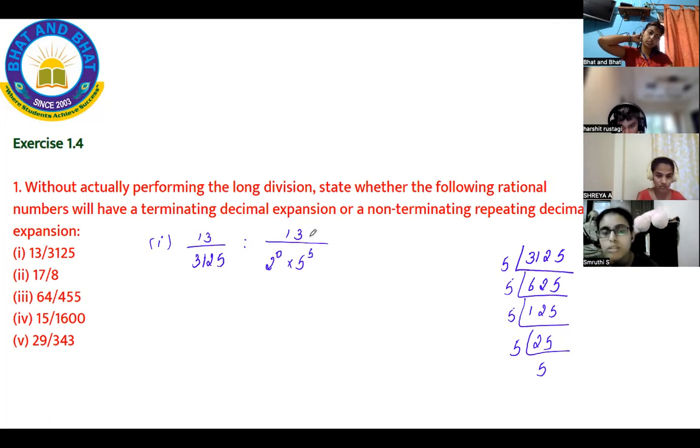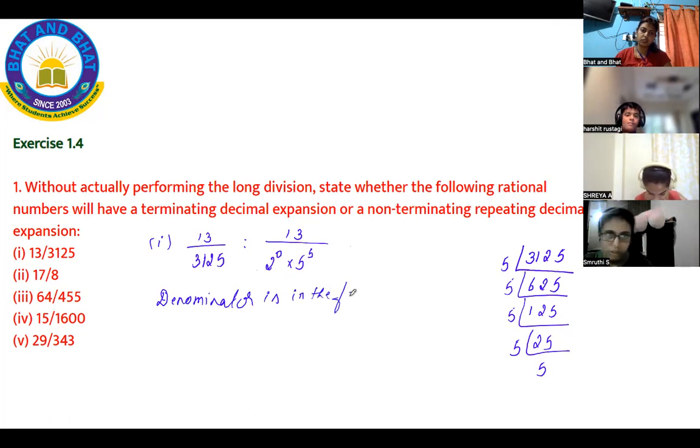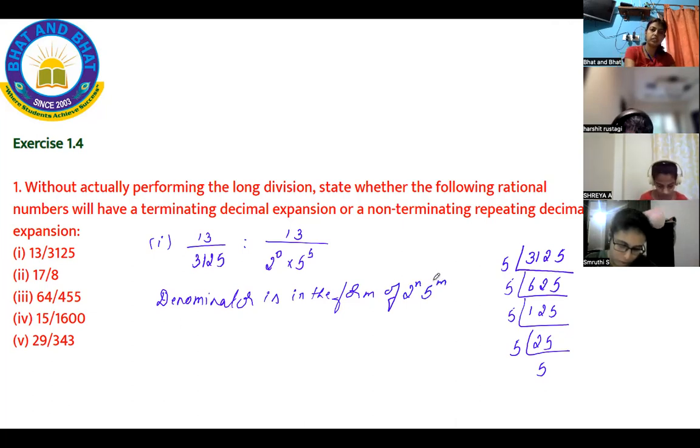Since the denominator is in the form of 2 raised to n, 5 raised to m, the decimal expansion is terminating.